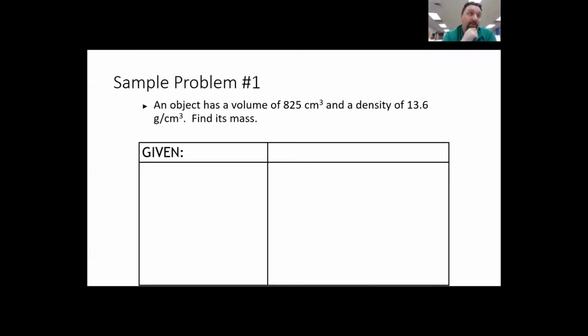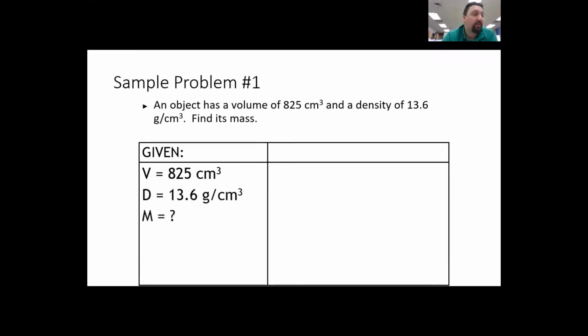Here's a sample problem. An object has a volume of 825 cubic centimeters and a density of 13.6 grams per cubic centimeter. Find its mass. Well, let's look at our knowns. We have cubic centimeters, that's going to be a volume, and grams per cubic centimeters, that's going to be a density.